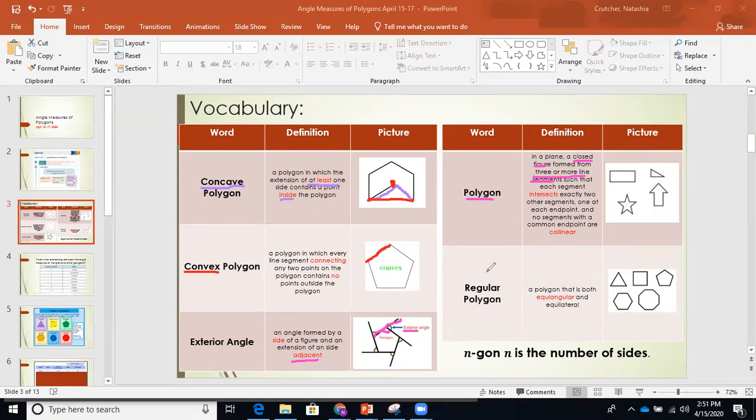All right, then we have a regular polygon. Anytime you see the word regular in front of a shape, that just means that all of the angles are equal and the sides are equal. That's what equiangular means, which is just a really funny word for equal angles, and equilateral just means that all the sides are equal.